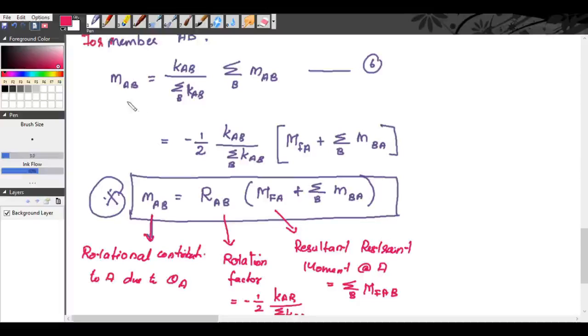So, MBA we know. And this will be obtained from the iteration process, the previous iteration. This should be obtained from the previous iteration. Okay. So, this is important.